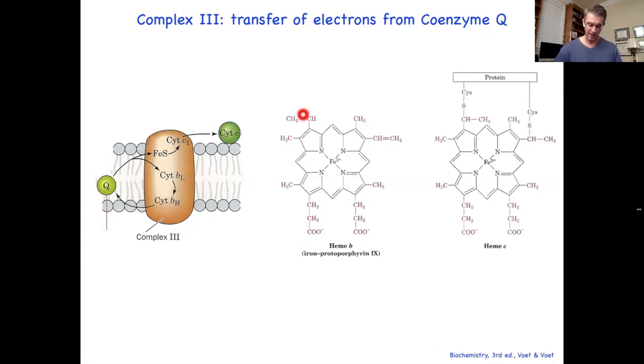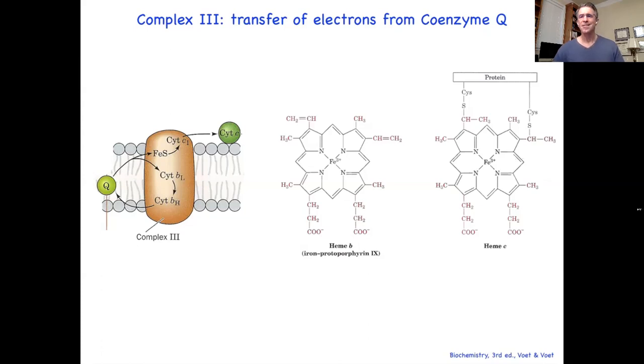So the B-type heme is bound really tightly. It's not coming on and off. But the C-type heme, also known as a cytochrome, these are B-type cytochromes, C-type cytochromes. The C-type cytochrome is covalently attached to the protein.